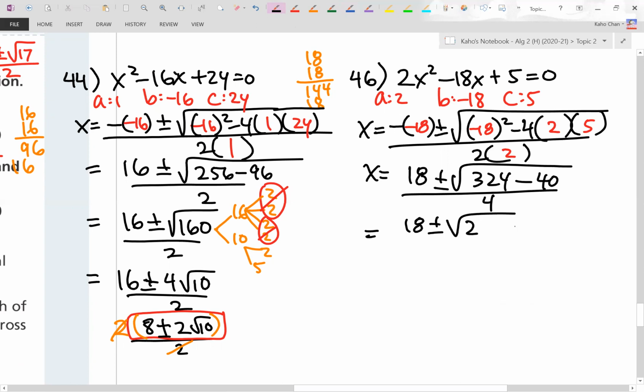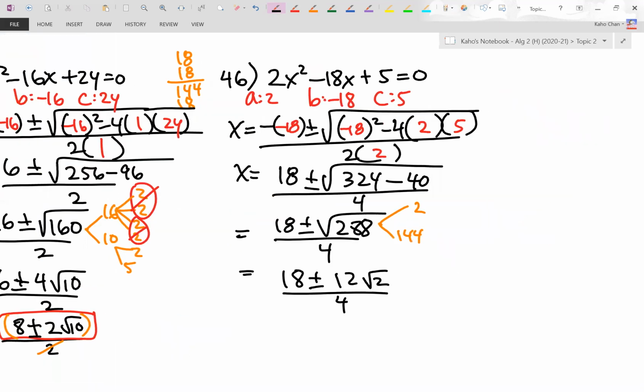Don't mind me. 48. Oh, okay, that's break-down-able. Let's break it down. Aha! 2 times 144. 144 is a perfect square. 12. Yes! Left over 2.